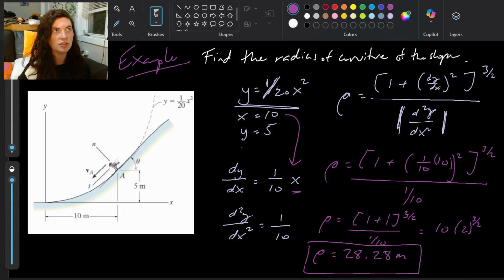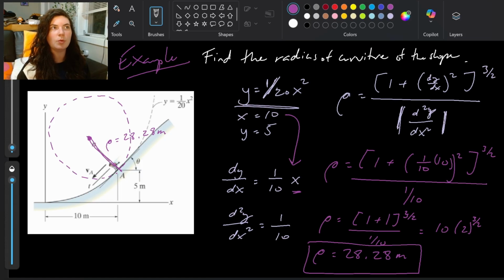That's the radius of curvature. So if I created a circle that was tangent to where this skier is skiing, the radius from where the skier is to the center, following along the normal axis, this rho of that imaginary circle is 28.28 meters.